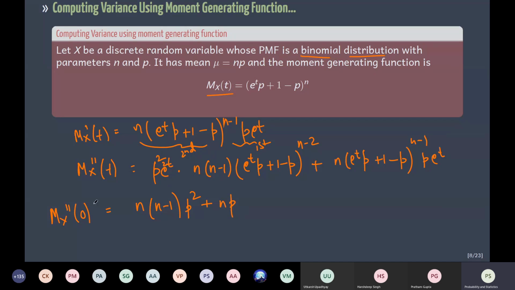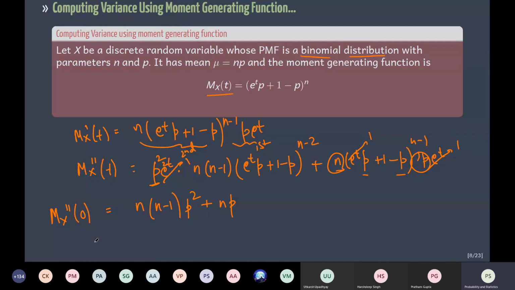You can check that this p and p get cancelled, so we have n, and then this becomes 1, and you get np there. Similarly here you get p squared, this becomes 1, and so on.